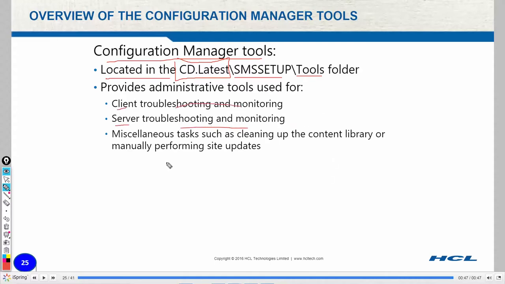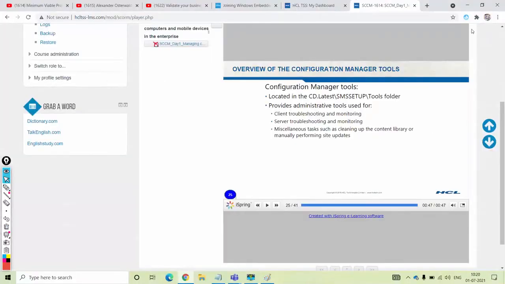Miscellaneous tasks such as cleaning up the content library or manually performing site updates can also be done with the help of these tools. They are available in the tools folder in your SCCM CD under SMS setup. Why SMS setup? Because its old version name was SMS.